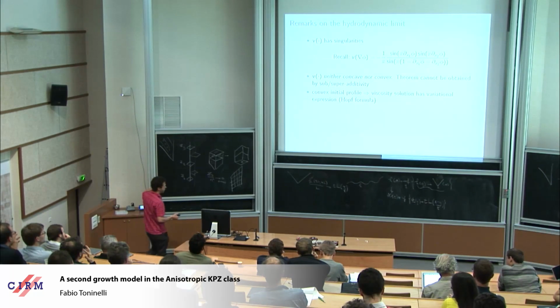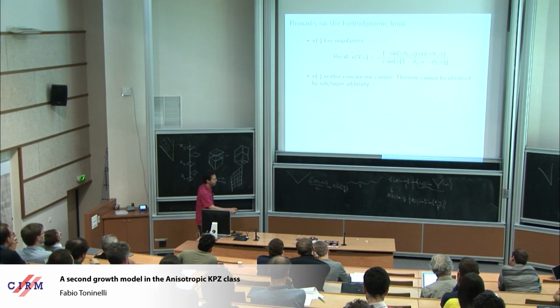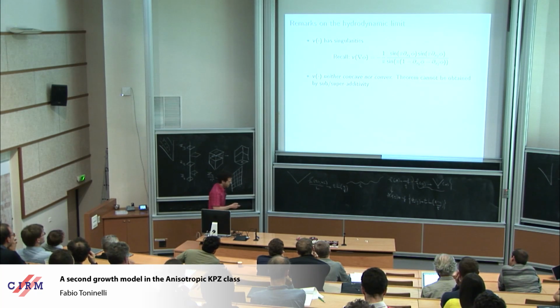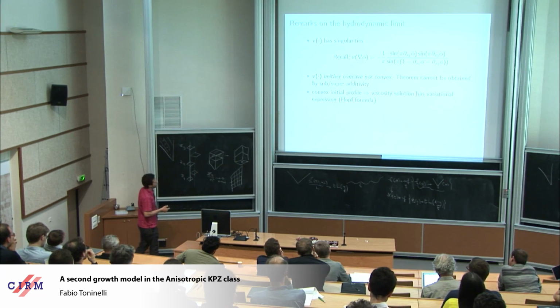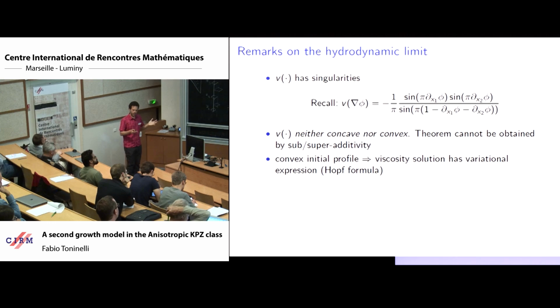The important point in this approach is that at the microscopic level, you have a sort of variational principle that then survives to the macroscopic level. In the case of convex initial profile, our function V is not convex, but still if the initial profile is convex, there exists a variational formula called the Hopf formula for the solution of the PDE, and we use this fact.